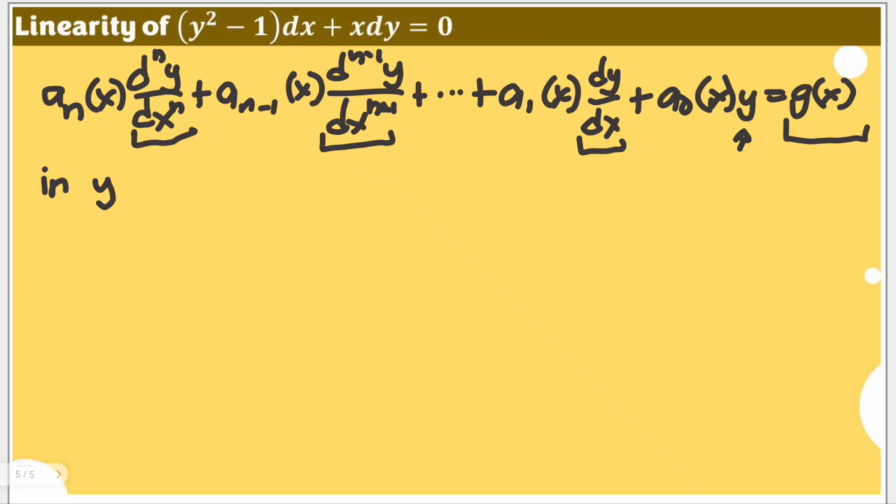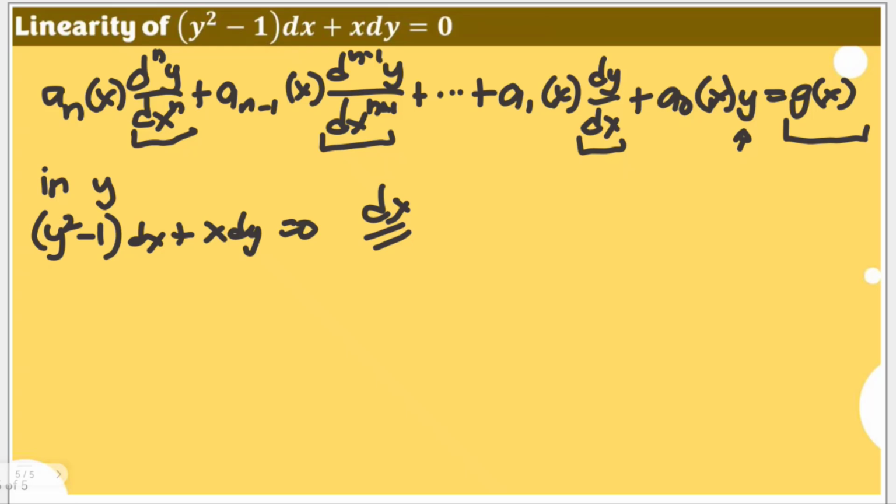So we're going to look into this manner here, and if it's in x, we're going to reverse all our variables. If it's in y, our given equation is y squared minus 1 dx plus x dy equal to 0, and we're looking for y as our dependent variable, we're going to divide all terms by dx.